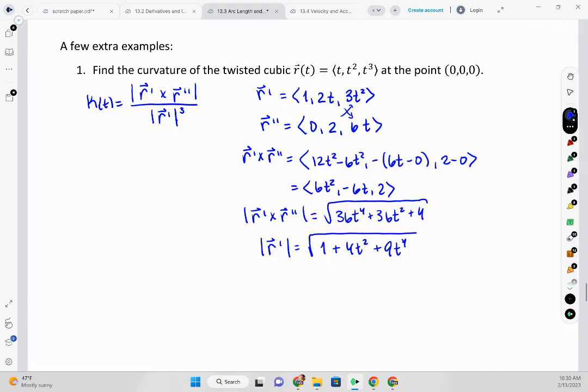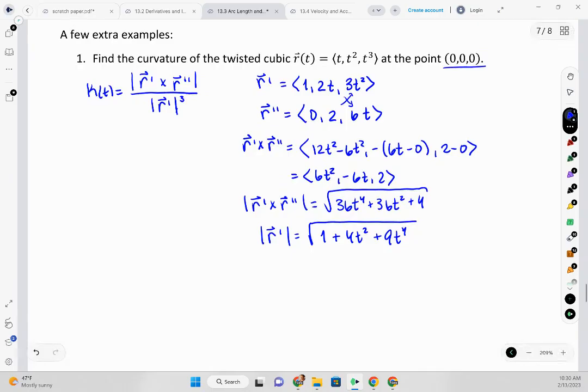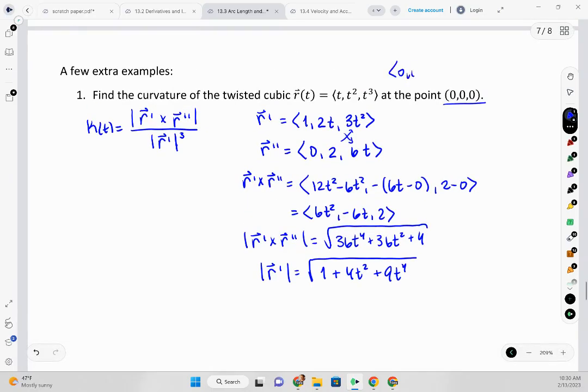Now, I don't want my curvature as a function. I want it at the point 0, 0, 0. If you compare 0, 0, 0 with the curve function itself, t, t squared, and t cubed, we're left concluding that t must be 0.